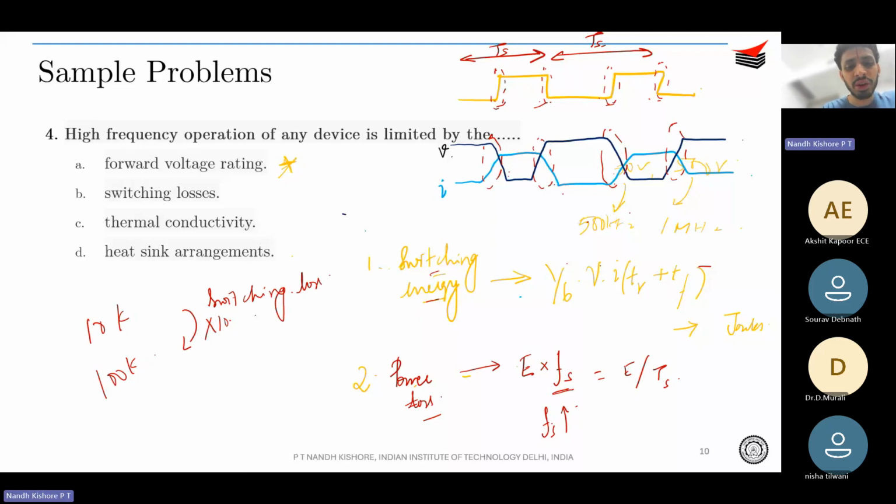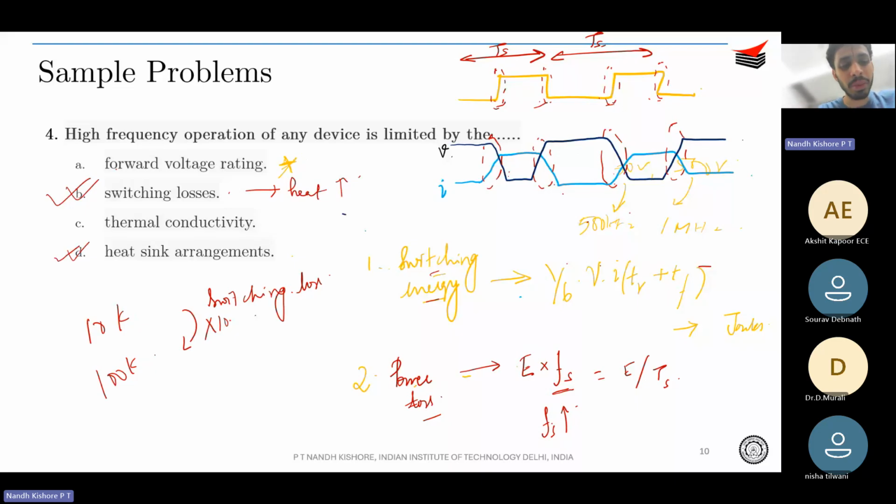So high frequency operation of any device for that matter is limited by switching losses. Okay. So now you can tell that since it is restricted by switching loss, and switching loss can contribute to the overall losses of the device and result in heating up of the device, heat sink arrangement is also impacted.